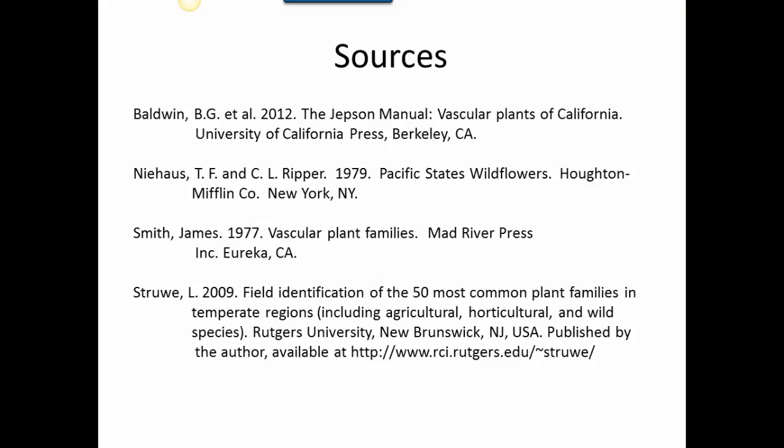And I also want you to be familiar with the monocot and eudicot families that I presented here. Specifically, I want you to know some of their common characteristics within each of the families, and I want you to be able to see a plant in the field and to be able to associate it with one of those families, if it is indeed a species from one of those families.